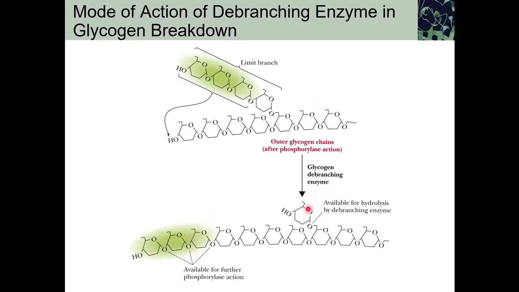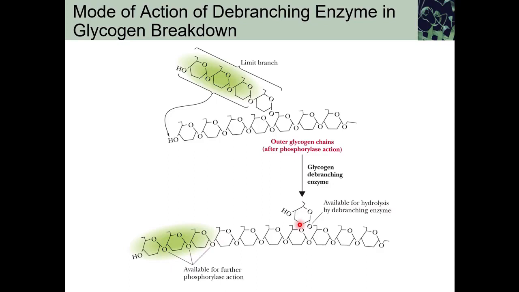And what's going to happen here? This is going to be hydrolyzed by the same debranching enzyme, but this is not going to yield glucose 1-phosphate. Remember, that's hydrolysis, so that's simply going to yield a molecule of glucose, right? Okay.